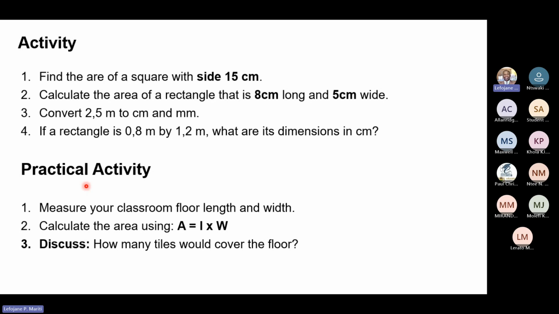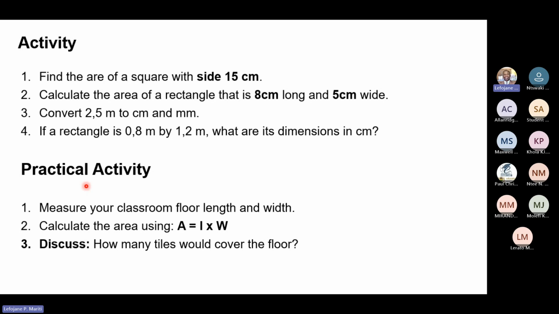Thirdly, it's about converting. Convert 2.5 meters first to centimeters and secondly to millimeters. The table that we spoke about will stand you in good stead in this regard. Fourthly, if a rectangle is 0.8 meters by 1.2 meters, what are its dimensions in centimeters? Now you realize why you had to understand the conversion.